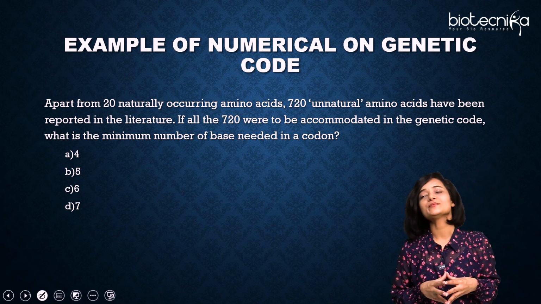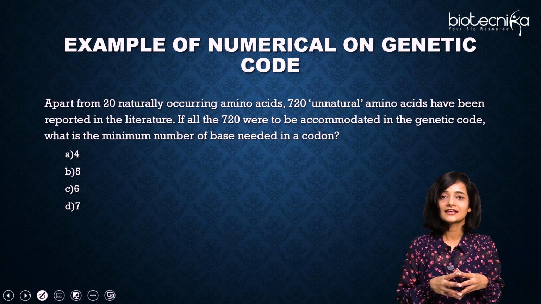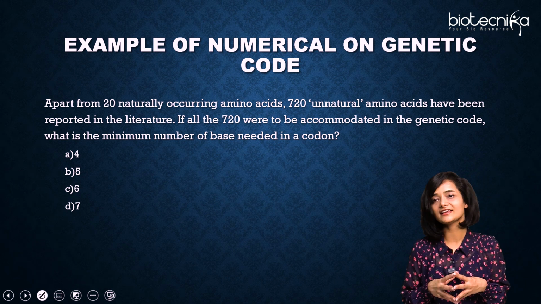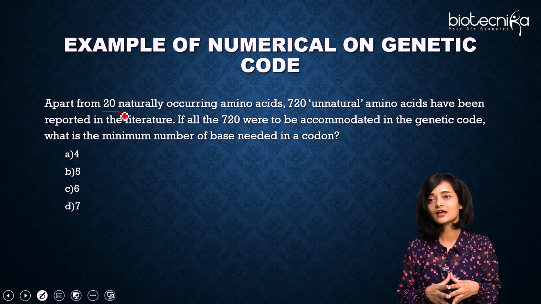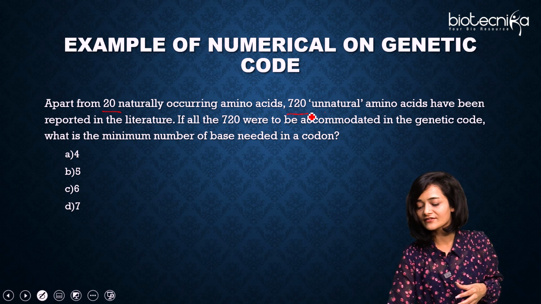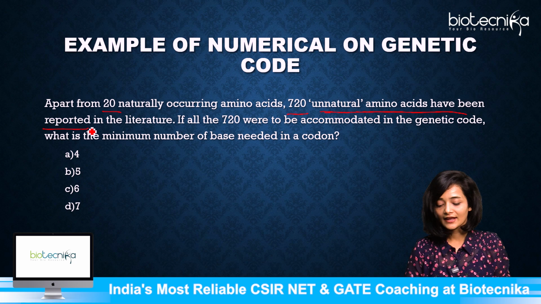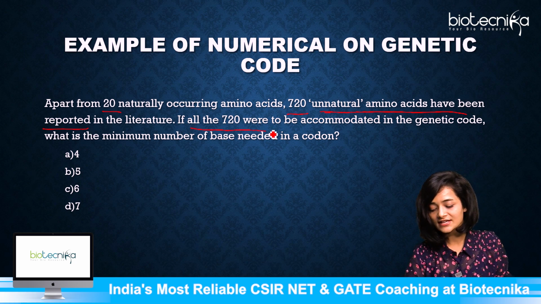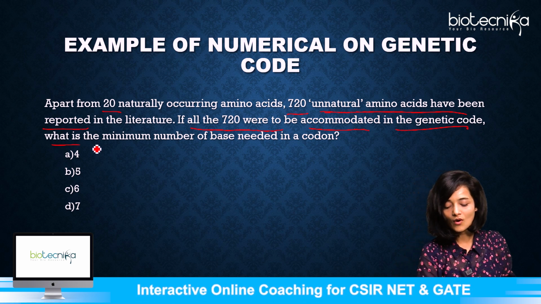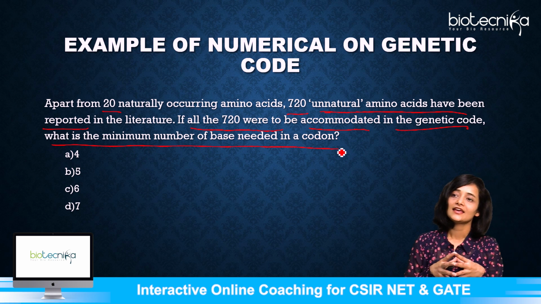One such example of a numerical based question from the genetic code topic is given here, where it is given that naturally there are 20 amino acids present in nature. But here we have assumed that 720 unnatural amino acids have been reported, and if all 720 were to be accommodated in the genetic code, what is the minimum number of bases needed in a codon?